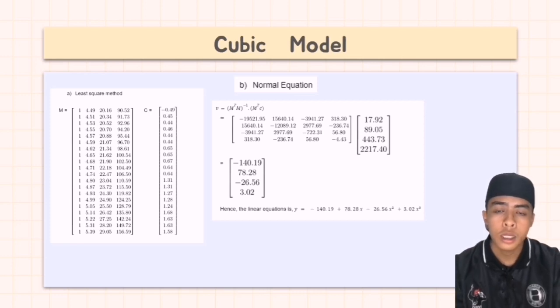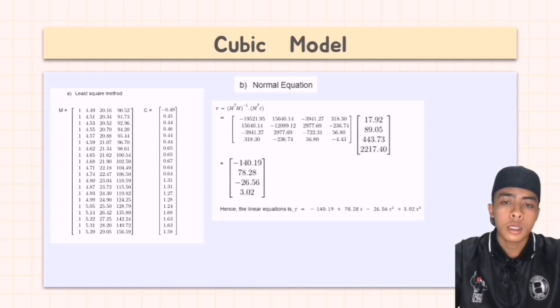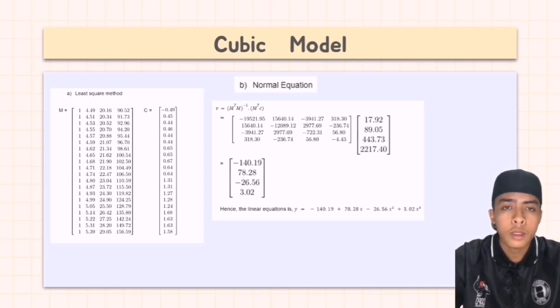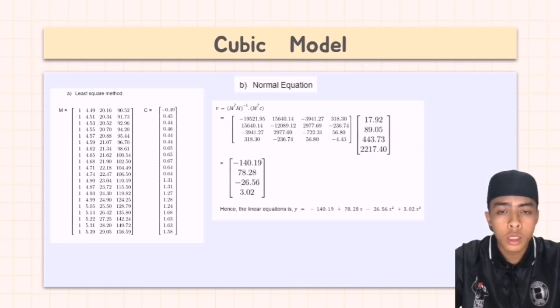In the given M, the first column is for the variable 1, the second column is for the variable x, the third column is for x squared, and the fourth column is for x cubed, and then the given matrix C. Next we find the normal equation using the formula V equals the inverse of M transpose multiplied by M, multiplied by M transpose multiplied by C. Then we get the equation: negative 140.19 plus 78.28x minus 26.56x squared plus 3.02x cubed.